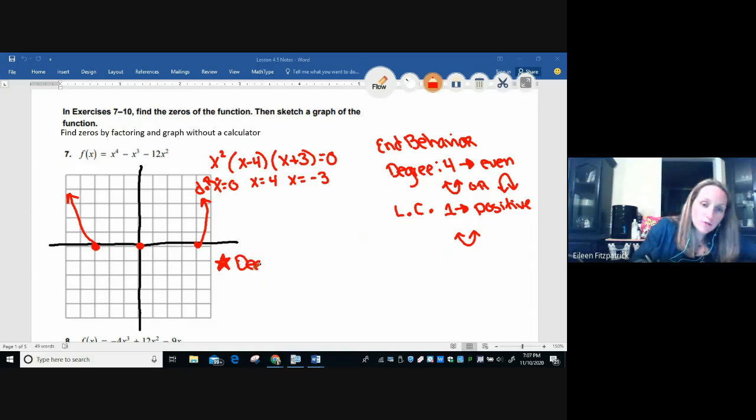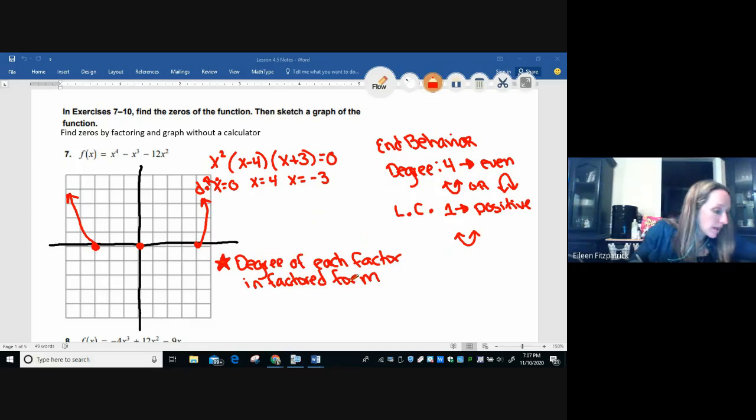You're going to look for the degree of each factor in factored form. So you're going to look at the factored form and look at the degree of each factor. And then what you're going to do is if the degree is even, that means that your graph, your line is going to touch at that point.